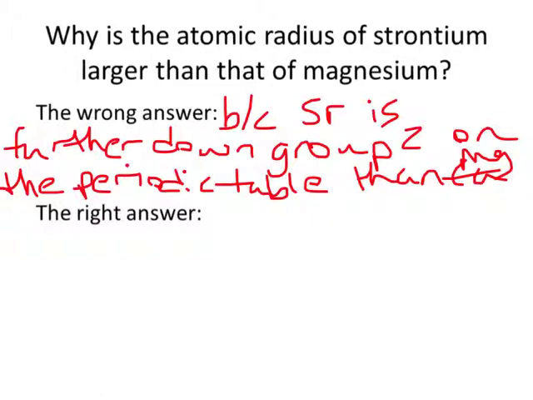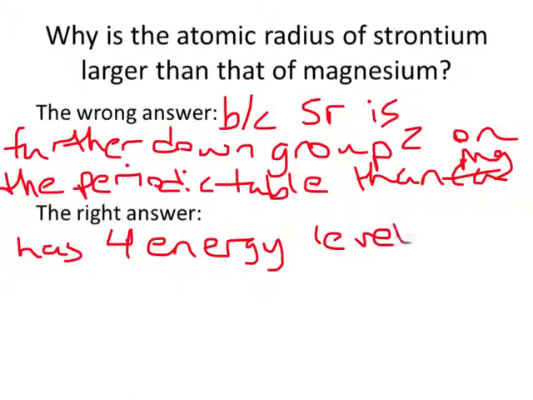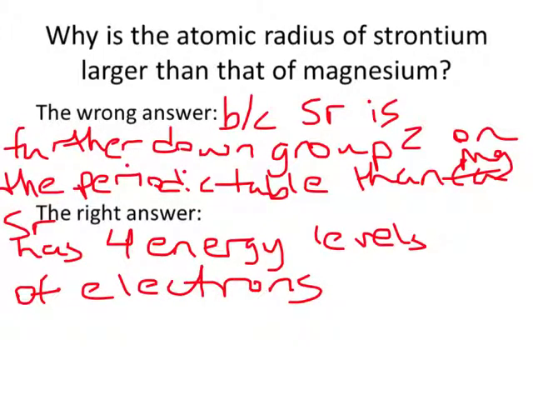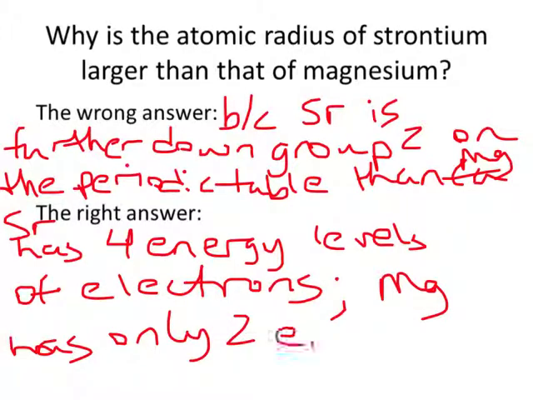Instead, what we would say about strontium is that strontium has 4 energy levels that contain electrons, whereas magnesium has only 2 energy levels.